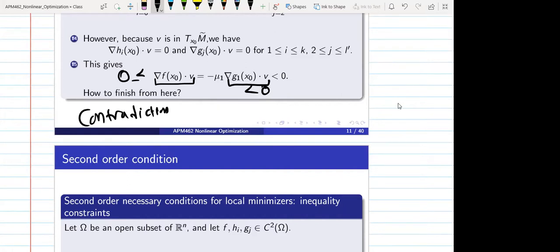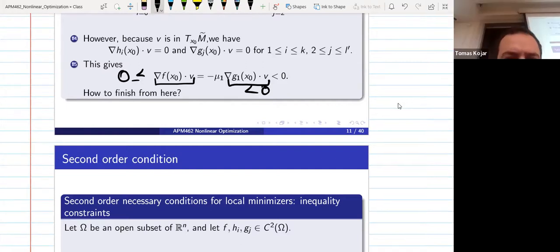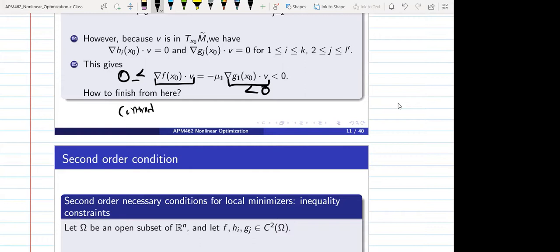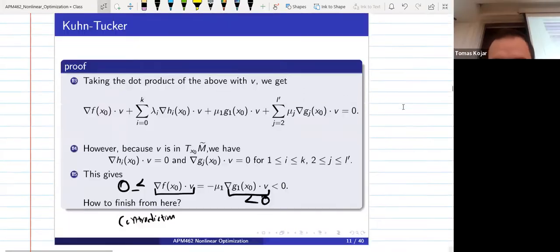I just forgot that mu1 was also negative. In a way, it comes from here, we're proving that mu1 needs to be negative. Anyways, so this is negative. Negative times positive, but there's a minus, so you get negative, which is a contradiction.